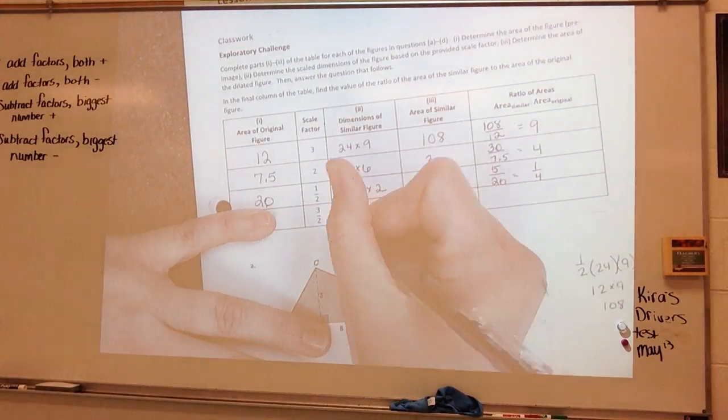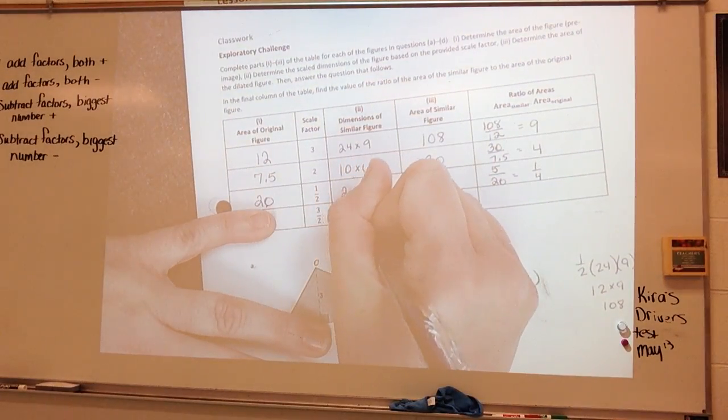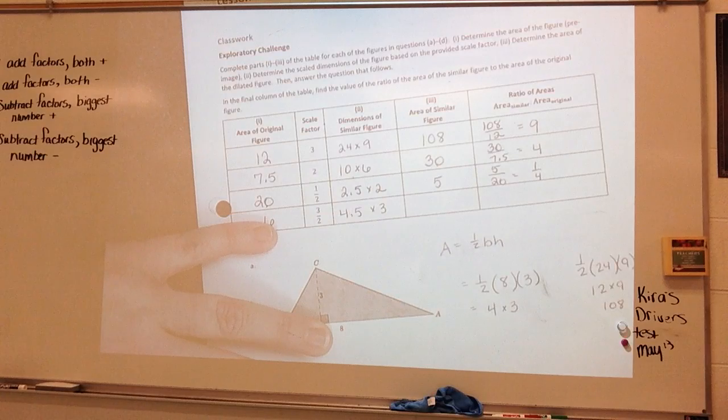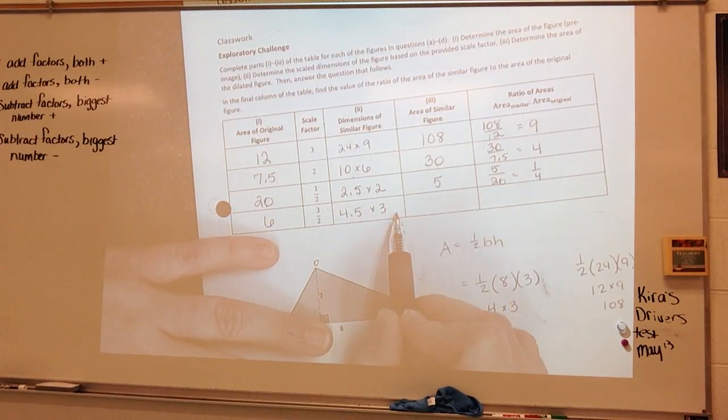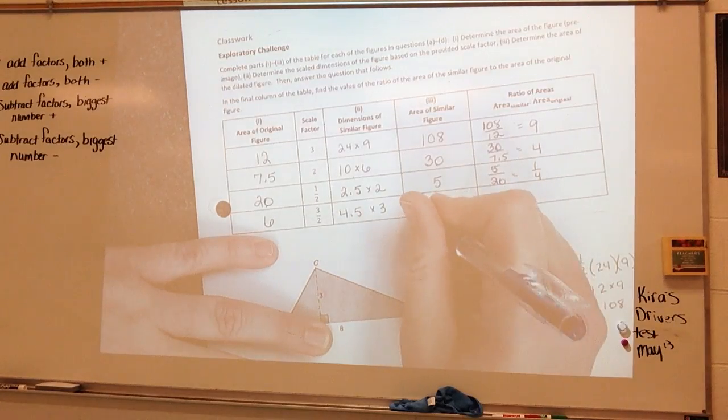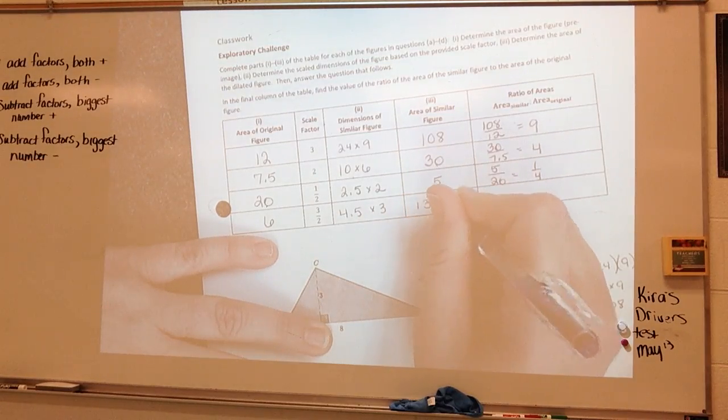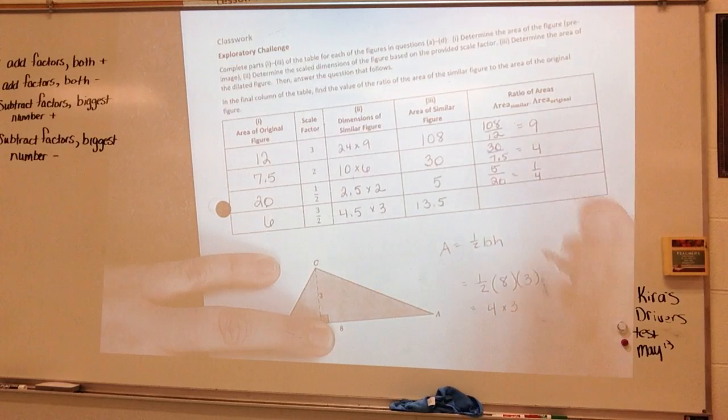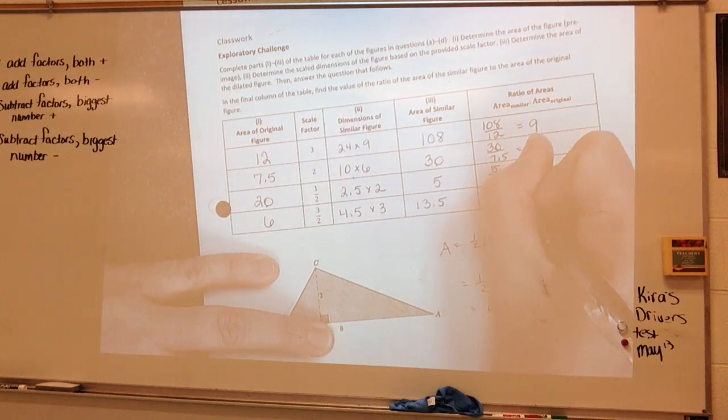And it's just easier to write it as 4.5 by 3. Alright, so in order to find the area of that, multiply those together and I get 13.5. Alright, so then I've got 13.5 over 6.